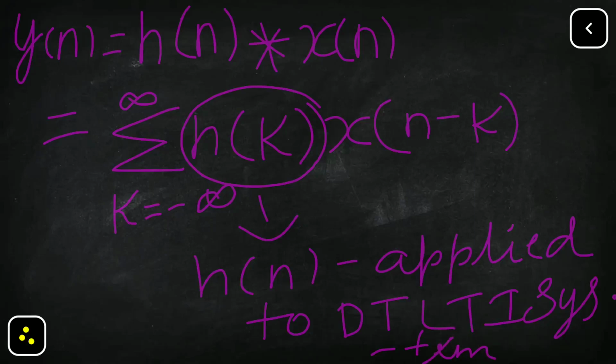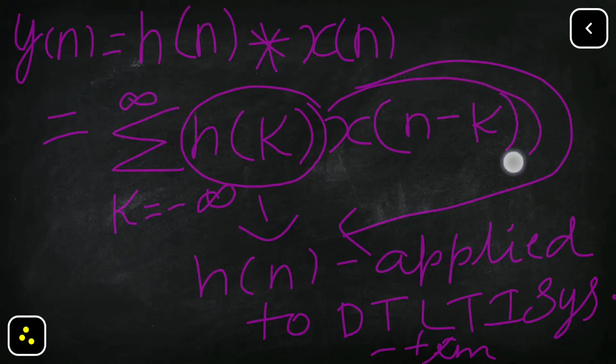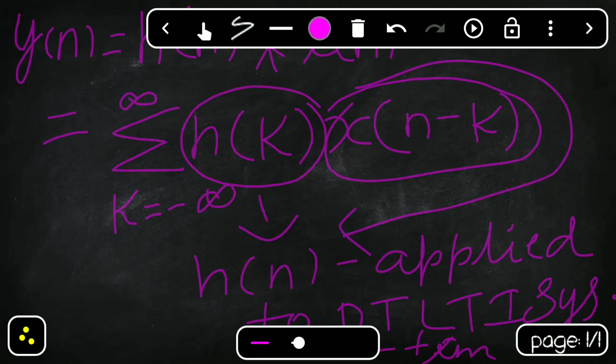Now when you apply this x of n here, it is the same. When you apply x of n to the discrete time LTI system, you get this particular one, right? So the next procedure will come like this.